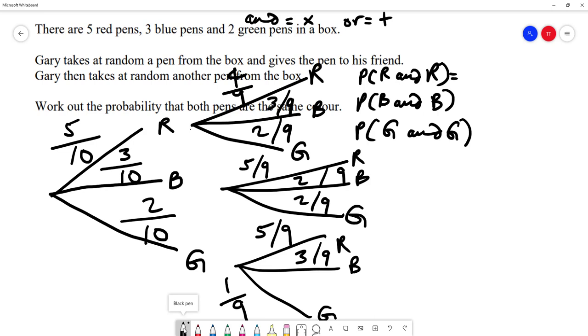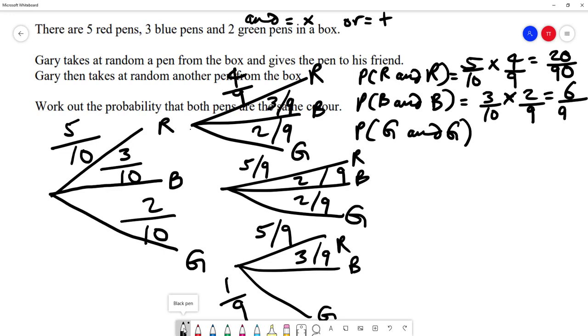So probability of getting a red is 5 out of 10, times the probability of getting a red again, 4 out of 9, which is 20 out of 90. To get a blue is 3 out of 10, times the probability of getting a blue again, 2 out of 9, which is 6 out of 90.